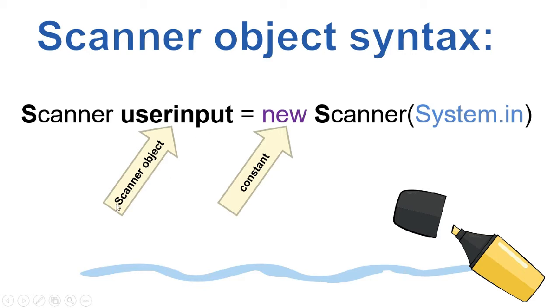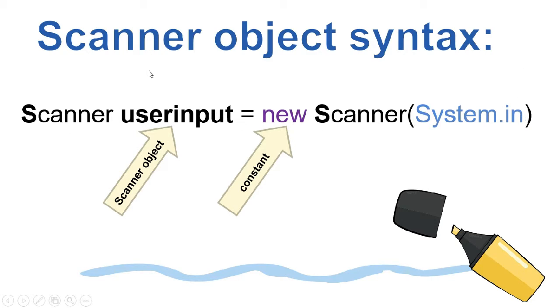Take note, for the scanner object you can write any word that you want. To make it formal, I will write userInput. And then equals, we have the keyword new, and then space Scanner. Also uppercase, because we have here the first one with an uppercase S for Scanner, so it can be written also as uppercase throughout the program. And then System.in.